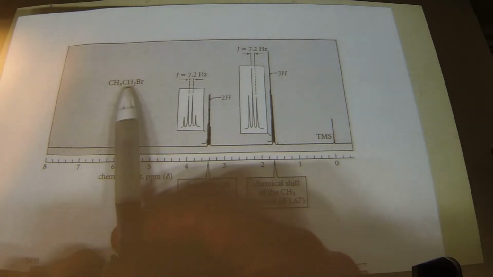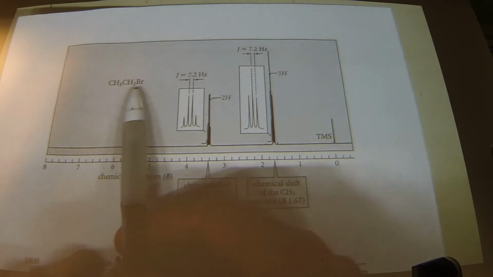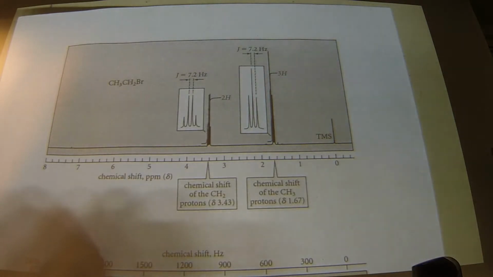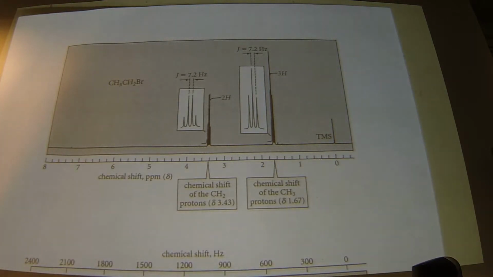It's going to be the one that represents the CH2 bonded to the carbon bearing the bromine. Why? Because bromine is electronegative compared to carbon. The bromine is pulling electron density out of that carbon-bromine bond. Those electrons are not there to shield the CH2, so the CH2 peak moves off to the left.